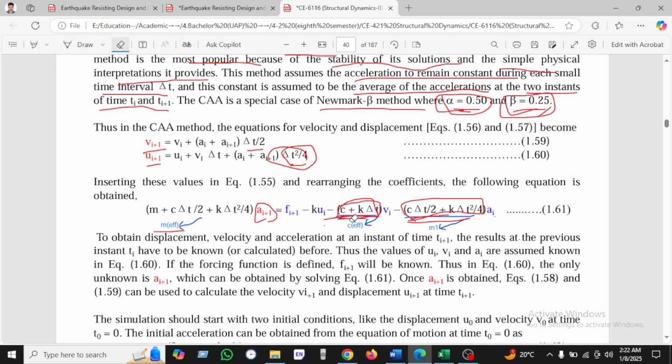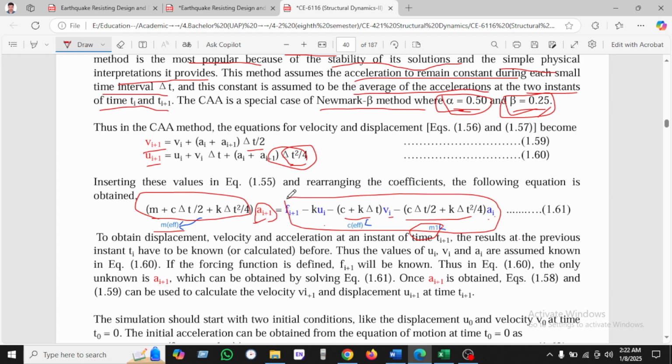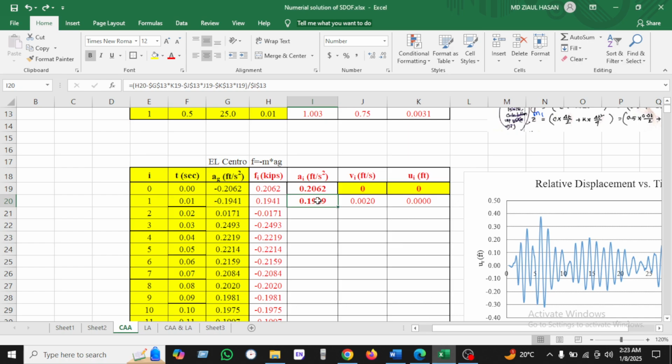If we see, this portion is m1, and this portion is c effective, and this portion is m effective. So to find a, all the parameters will be divided by this portion, that means m effective. Then we will find a1. This is the value of a1.